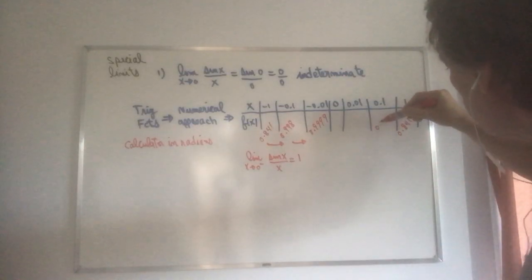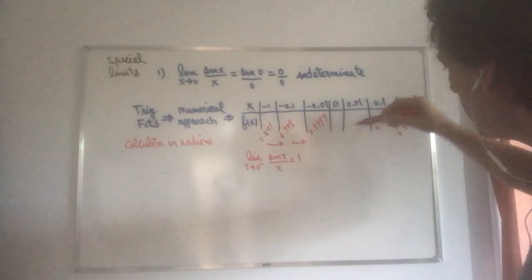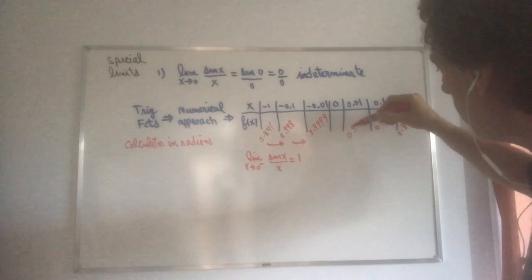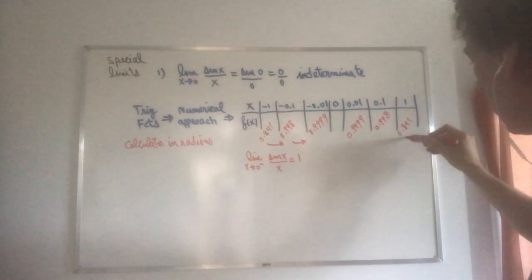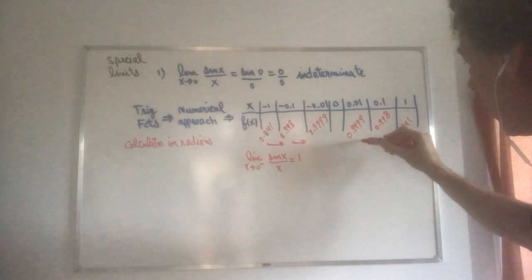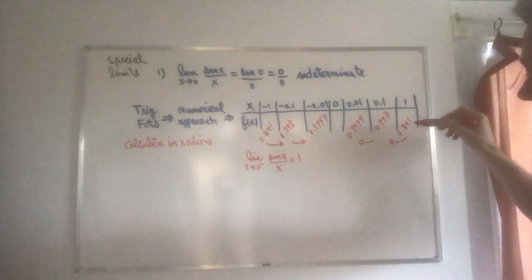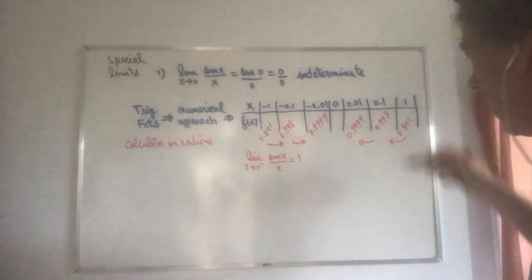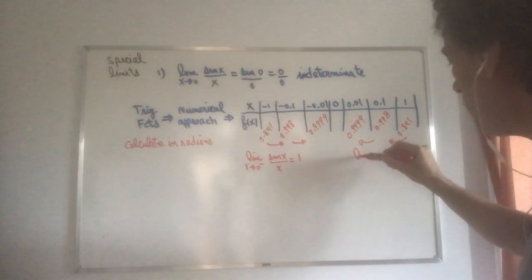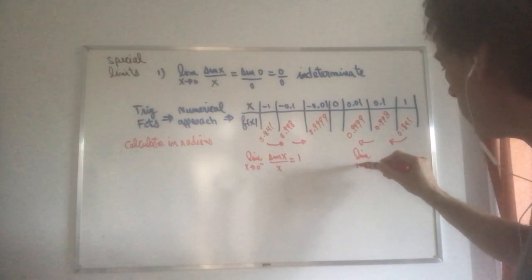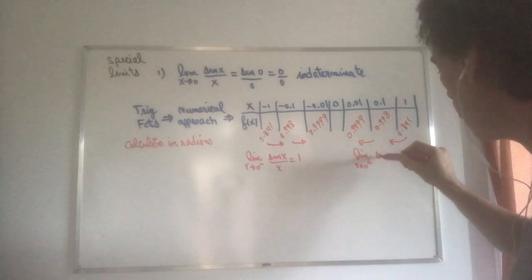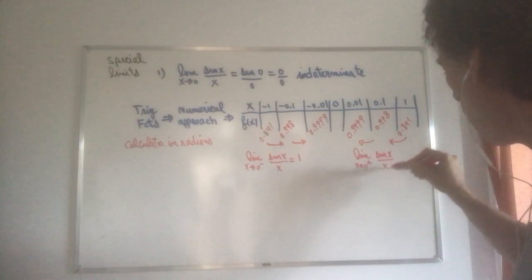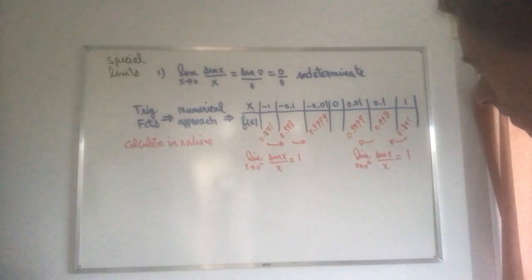Here, I'm going to get 0.998. And here, 0.999, and even another 9. So when I look at that progression from 0.84 to 0.998 to 0.9999, I will also conclude that this time, as I am approaching from the right of this function, I get 1 as an answer.